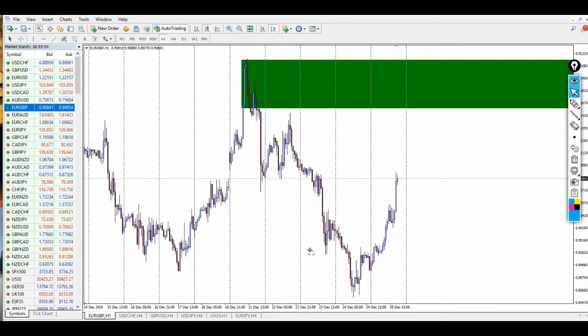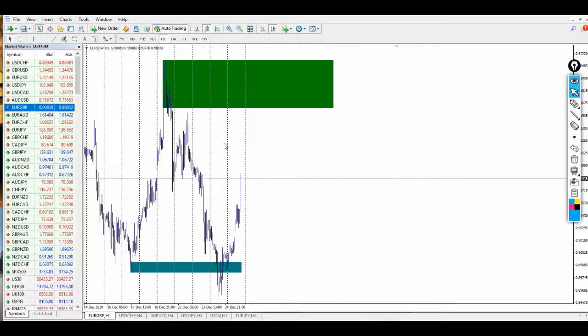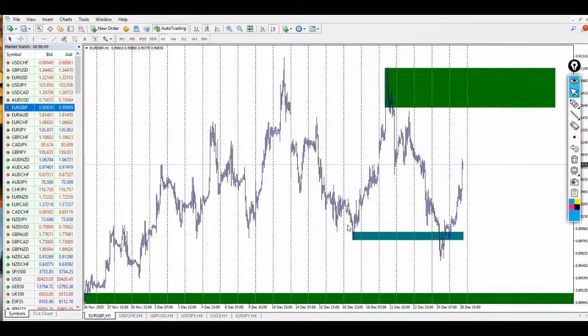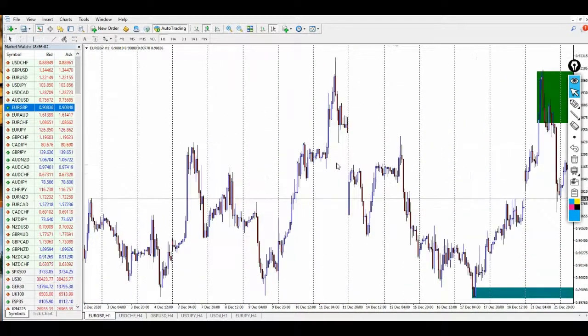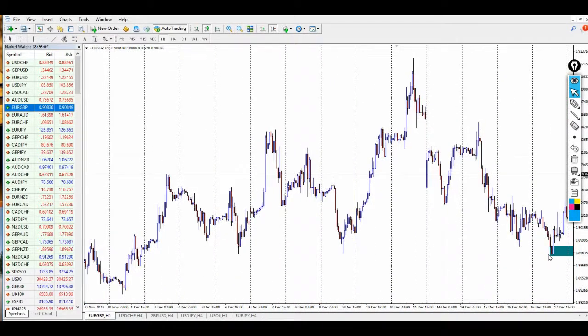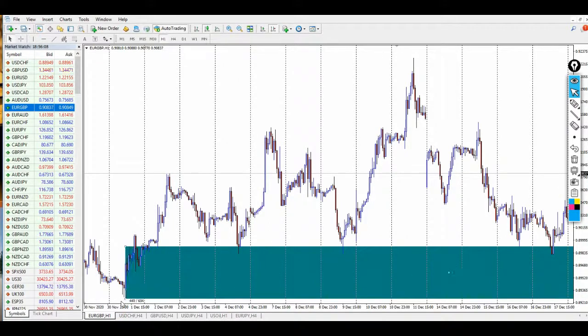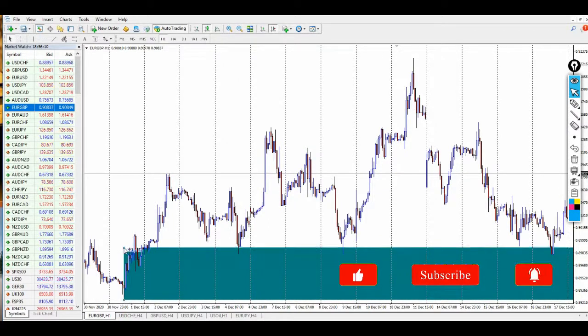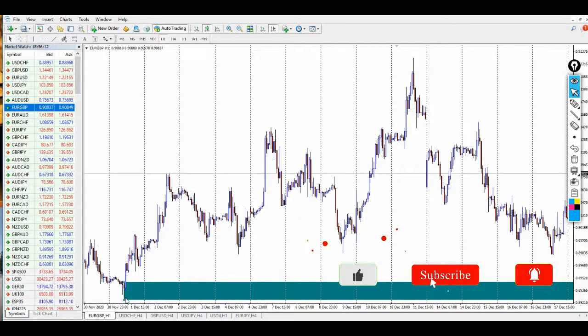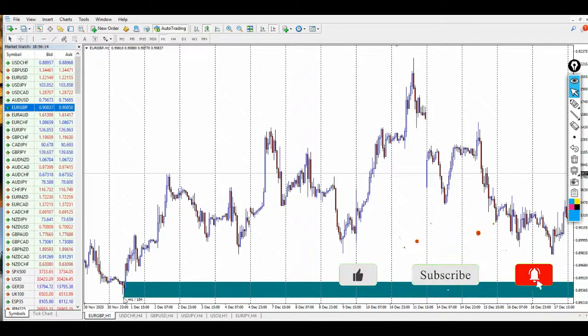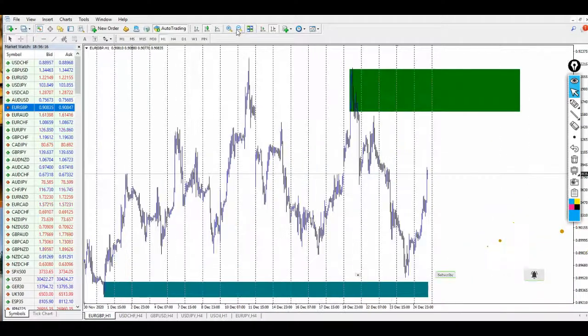This one was a demand but broken. Let's look to the left, if there is actually an area. Here is one. I think this is one untested area of 1 hour demand.